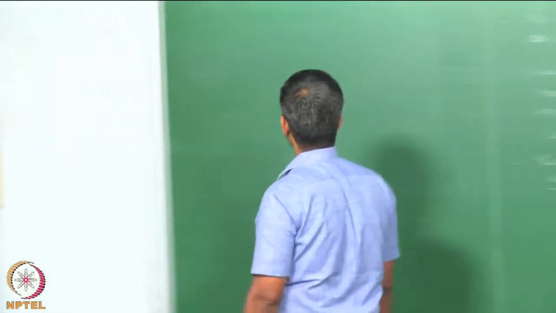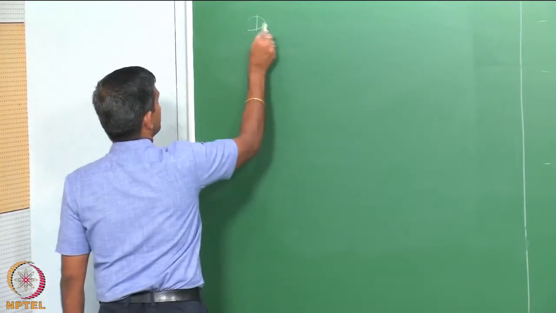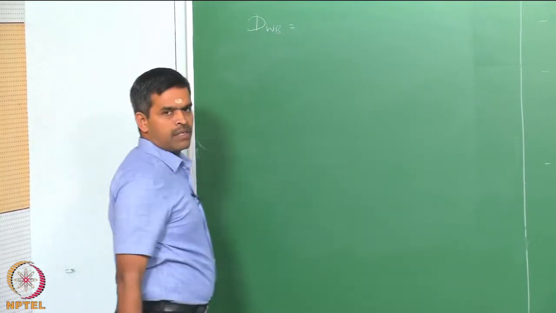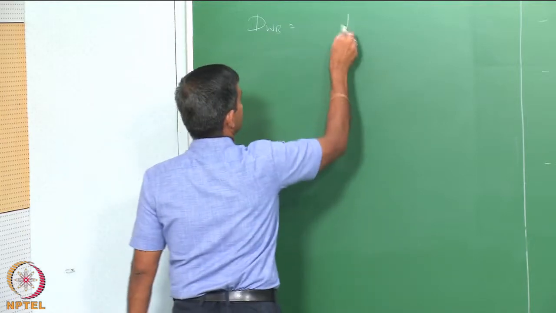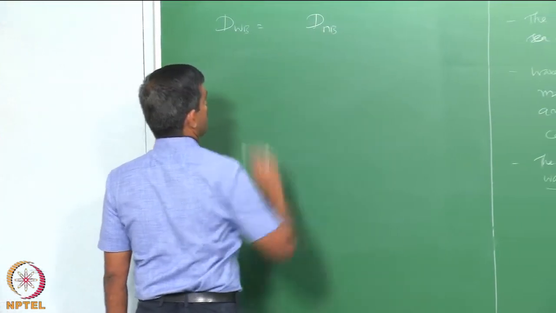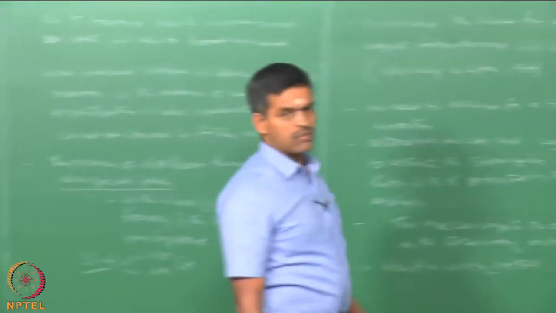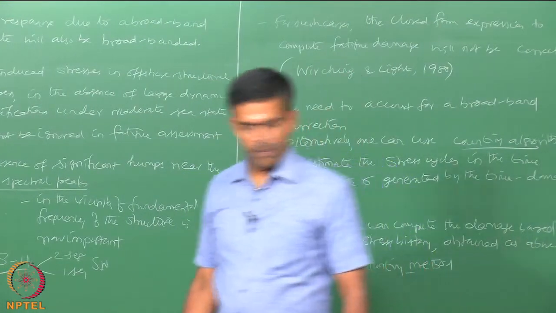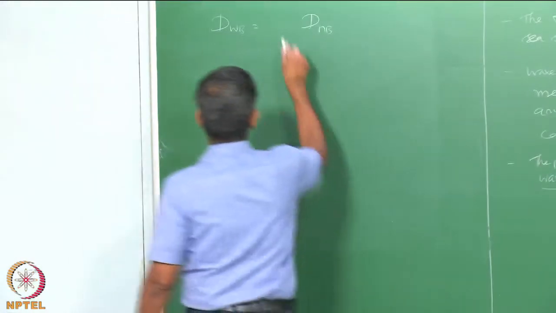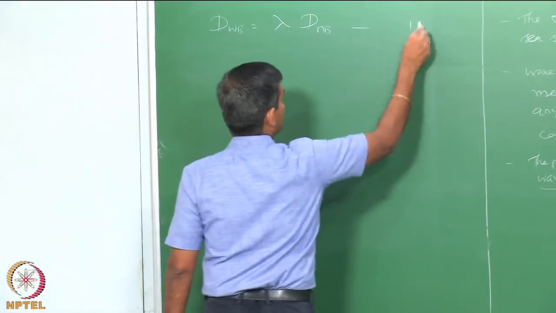So, the narrow band and wide band are connected by the following relationship. If you really want to adopt a correction factor to the fatigue estimates you obtained from the narrowband, you can connect this by a factor lambda.